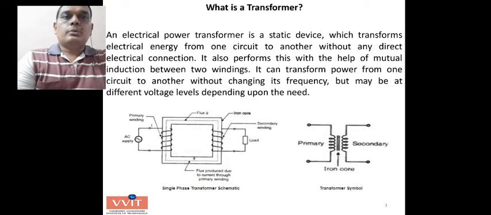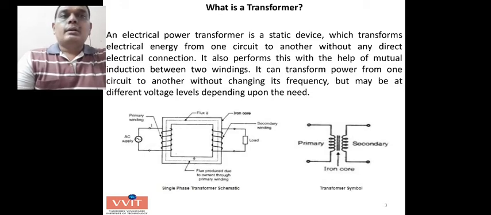What is a transformer? An electrical power transformer is a static device which transfers electrical energy from one circuit to another without any direct electrical connection. It also performs this with the help of mutual induction between two windings.